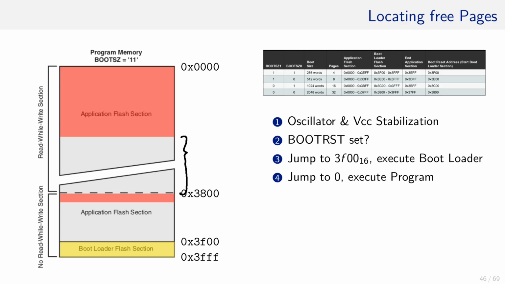Hence, the application grows down with the size of the user program. The pages in this gap are unused and hence available. The question is, what is the address of the last instruction here? That we have to figure out somehow.